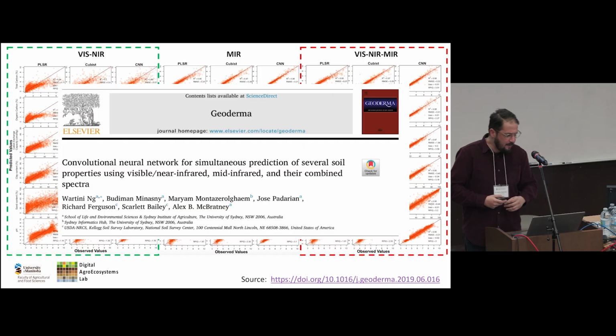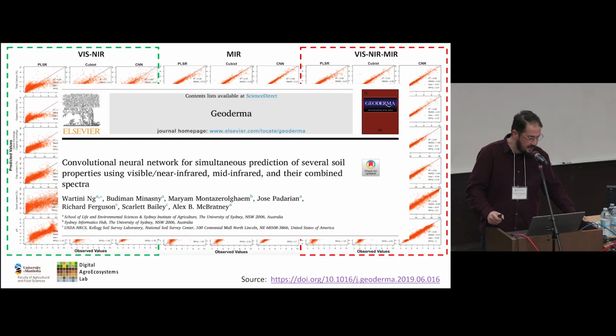Again, going back to Budiman and his team in Sydney, they tried an extensive experiment using the visible near-infrared, the mid-infrared, and the mix between them, and using the best machine learning and the best, I would say, AI that you could use for this work.